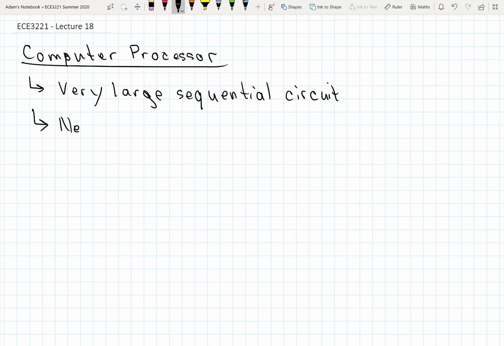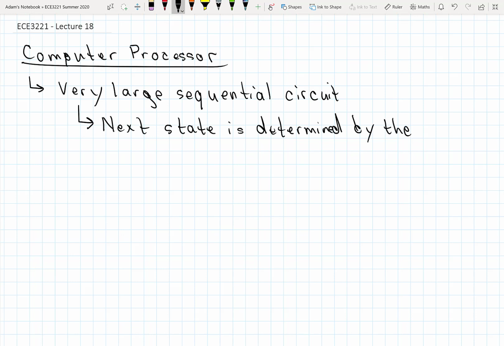Okay, so further to that, maybe I'll put this in reference to the statement above. The next state is determined by the value stored in external memory, right?